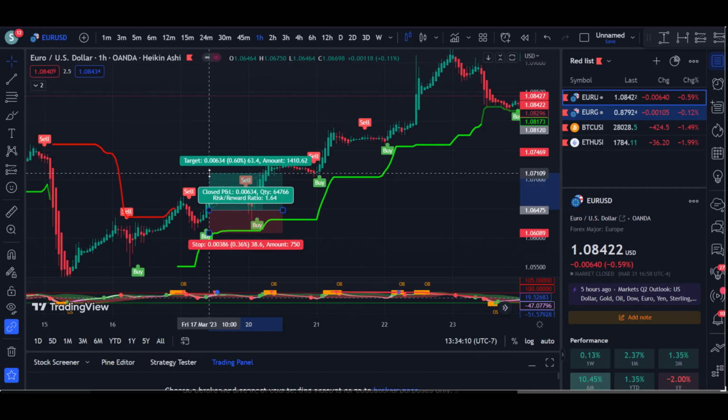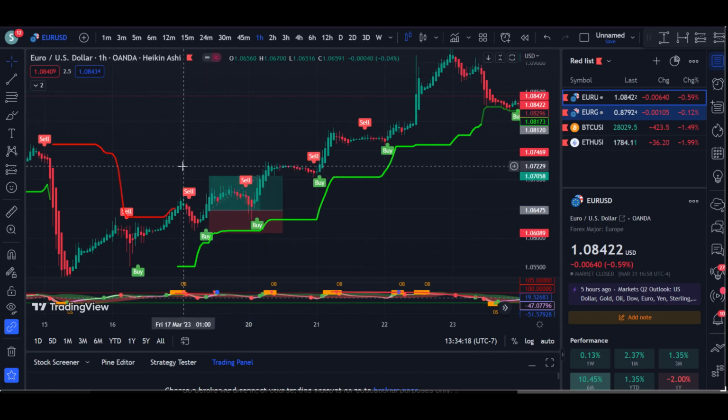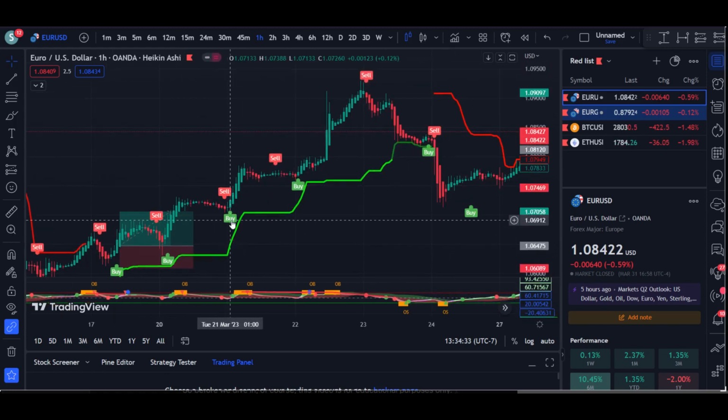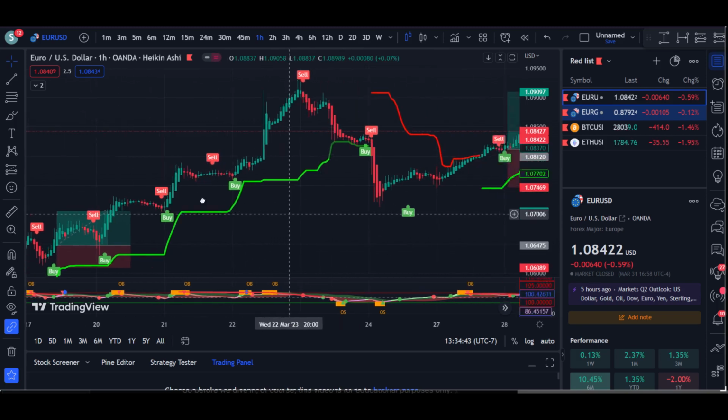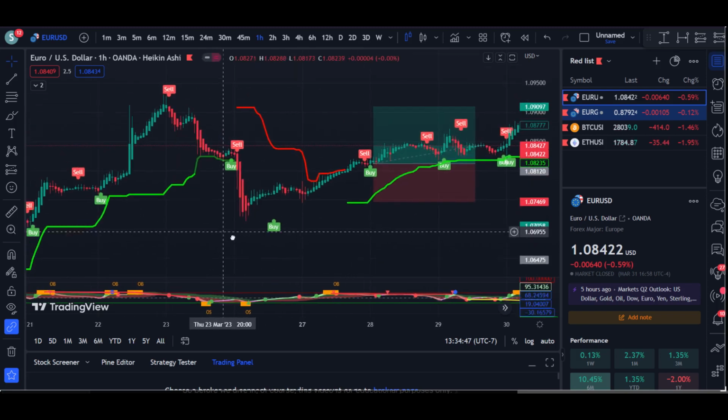Then we're going to do a 1 to 1.5 risk reward ratio, and we can see that we have another winning trade. If you would like, you can also open additional trades as soon as each one of these buy signals appears, as long as the price is above the green line and the green line does appear for a long.